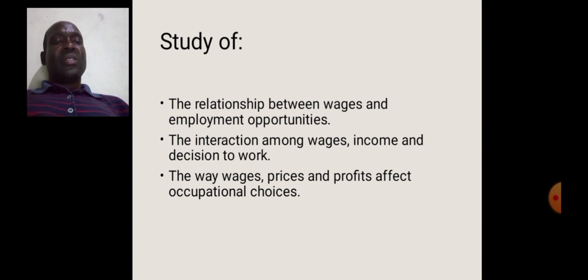You can see that the decision you make when it comes to work hinges on the wages or on the income that you're going to get at the end of the day. Of course, sometimes you may not have so much of a decision, especially if you're desperate for a job. It means that sometimes you just get whichever job comes around. But at the end of the day, you're still looking at the income that you're going to get.